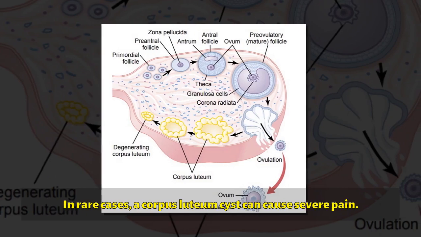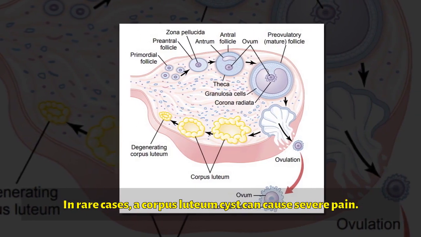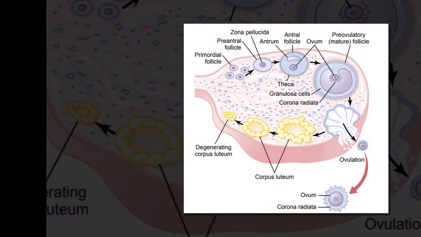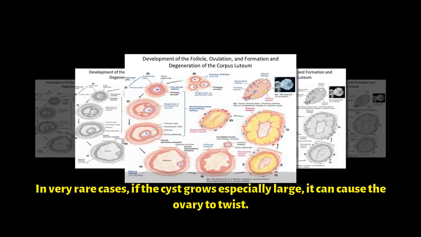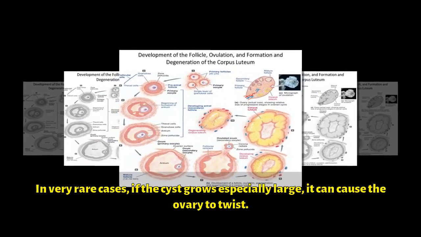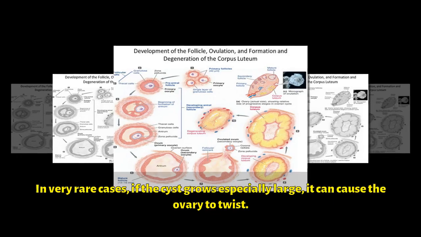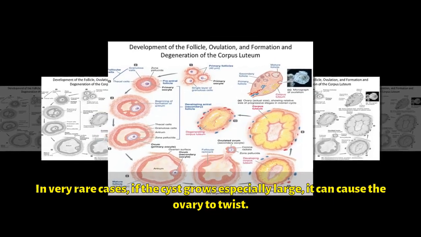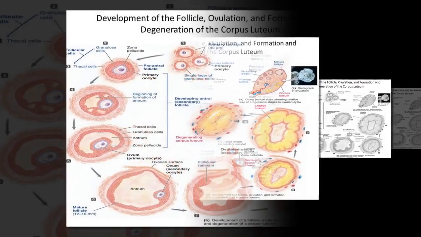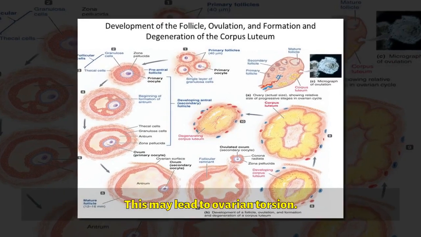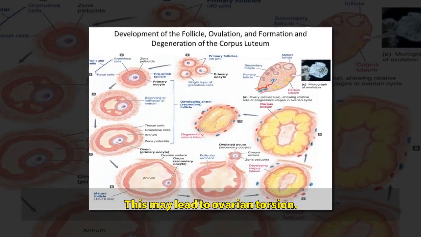In rare cases, a corpus luteum cyst can cause severe pain. In very rare cases, if the cyst grows especially large, it can cause the ovary to twist. This may lead to ovarian torsion.